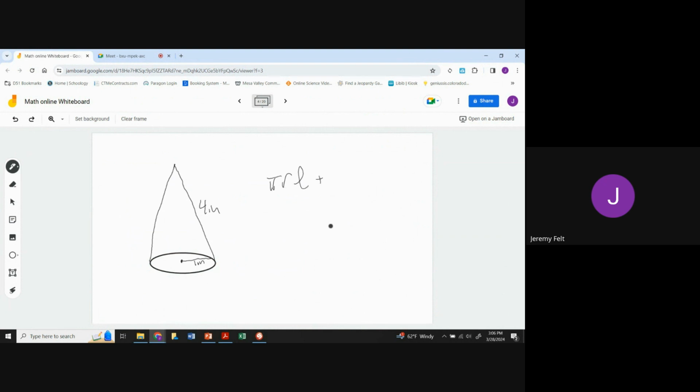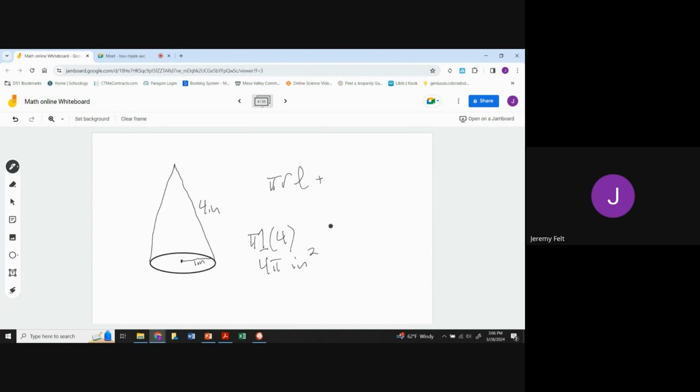Are we told what to use for pi? Okay, we're going to leave it in terms of pi. So we get pi times the radius, which is 1, pi times 1 times the slant height, which is 4. 4 times 1 is 4, so we end up with 4 pi, and then it's lateral surface area.